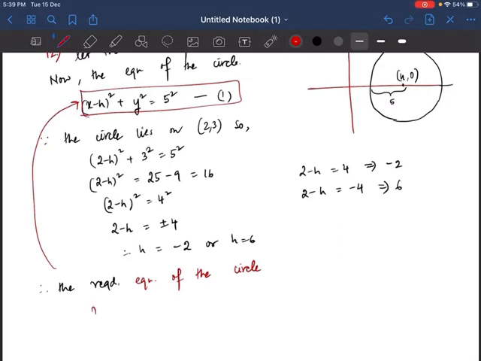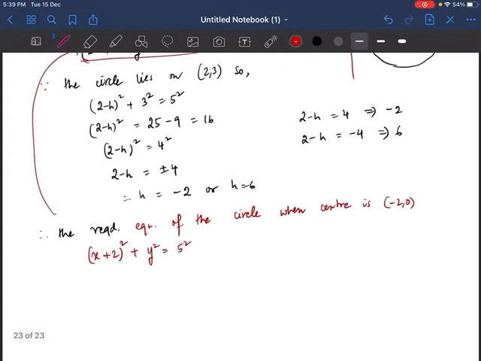First you put minus 2 in place of h, so it will be x plus 2 whole square plus y square is equal to 5 square. This is the required equation of the circle when the center is minus 2, 0. So this is the equation of the circle when my center is minus 2, 0.